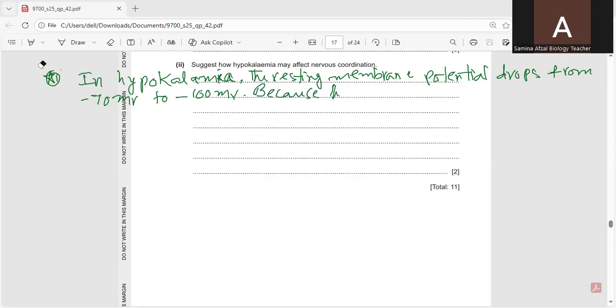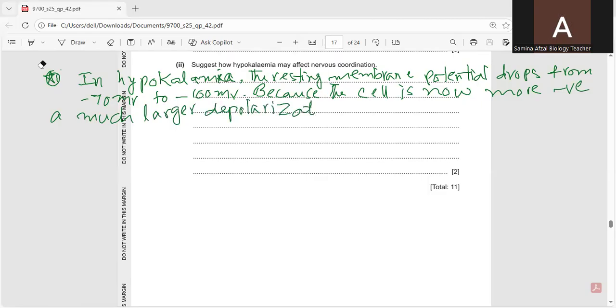Because the cell is now more negative, a much larger depolarization is needed to reach the threshold potential.